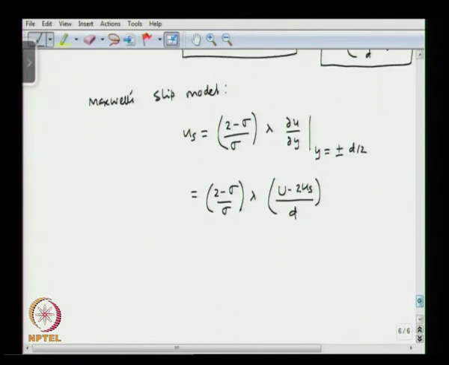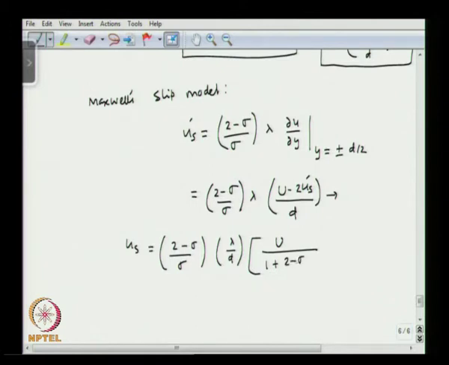So, u_s is (2 minus sigma) over sigma into lambda over d into this. So, from this equation you can write u_s. So, you can write u_s to be u divided by 1 plus (2 minus sigma) over sigma into 2 lambda over d.